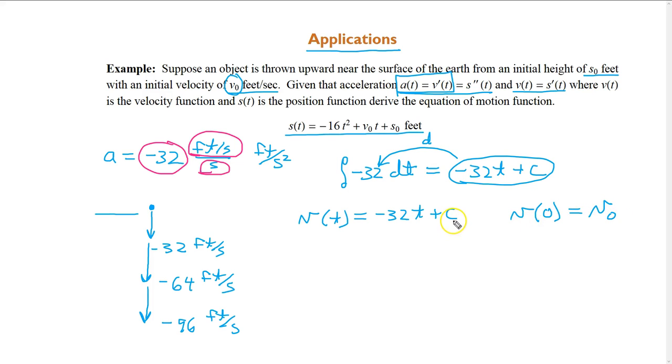We can use this to solve for c. If we plug 0 in for t and v0 in for v, that tells us that our constant c is actually the number v0 that we're given. So c equals v0, and therefore here is our velocity function.